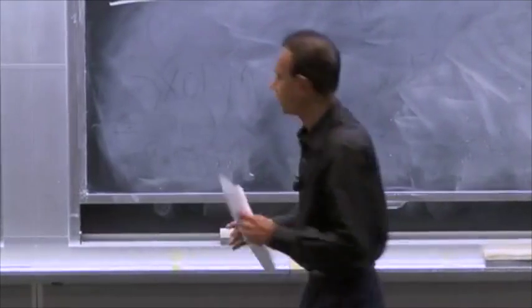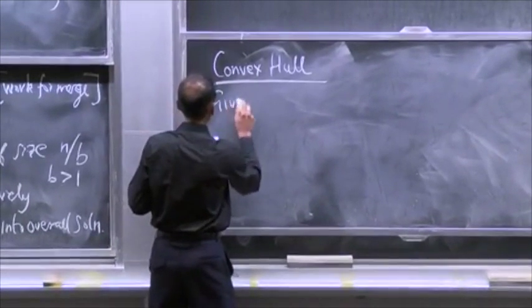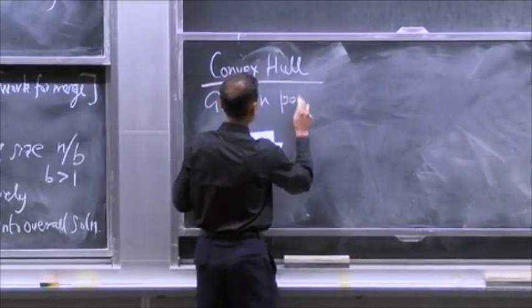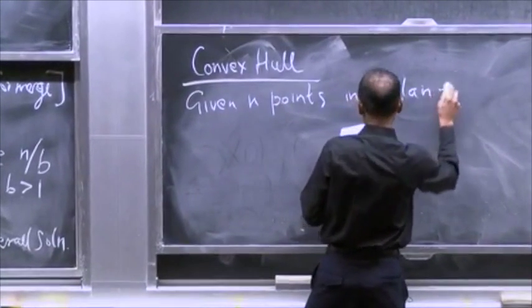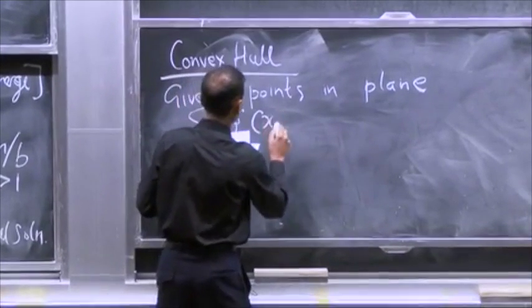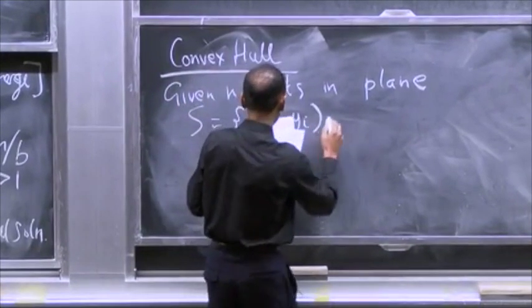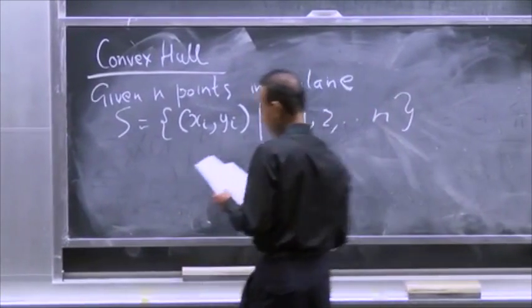So let me just spec this out a bit. We're given n points in a plane, and those set of points are S, xi, yi, such that i equals 1, 2 to n.